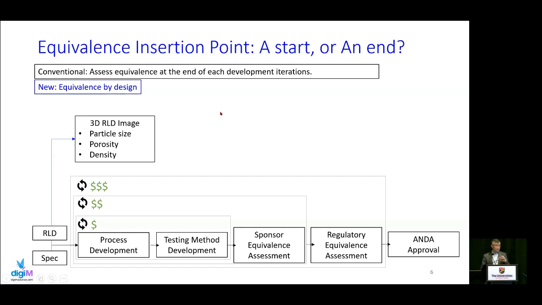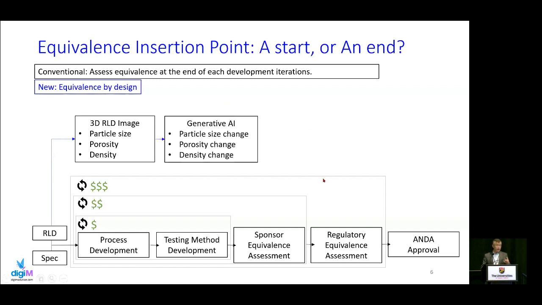That gives us a digital representation of the RLD product. Then we can use generative AI to predict what is going to happen to them: the particle size change from processes, porosity changes from processes, or density changes, or stability or release.